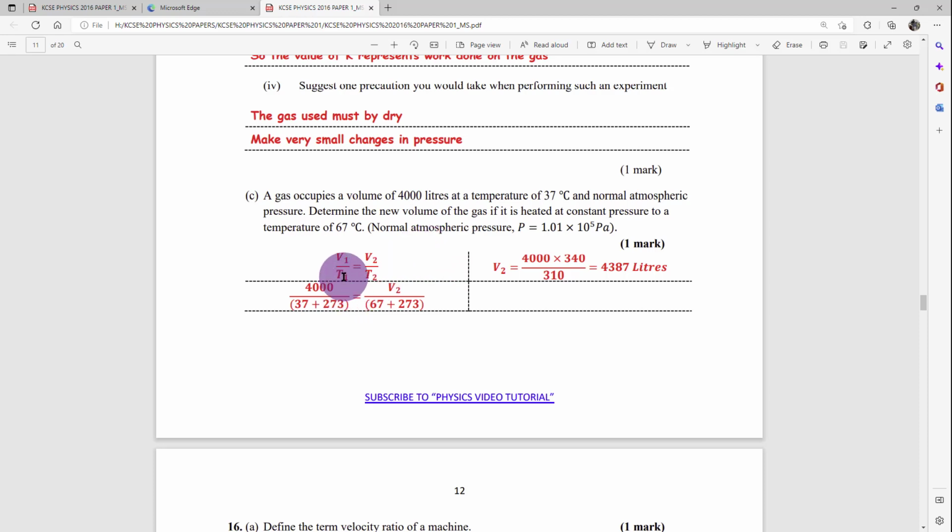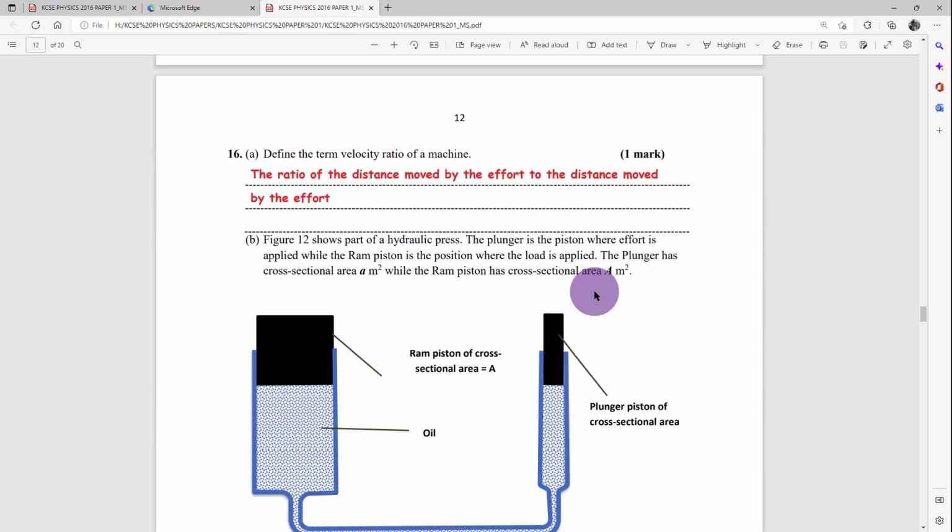The temperature is supposed to be in Kelvin. So the examiner will always give you temperature in degrees Celsius and expect that you should convert that into Kelvin before you substitute. So I've shown you the substitution over here in order to get our V2 to be 4,387 liters.